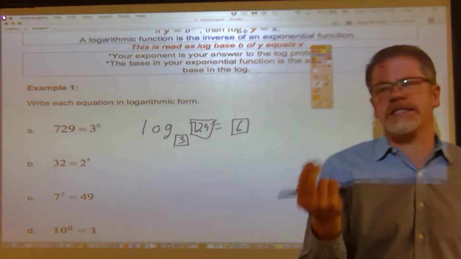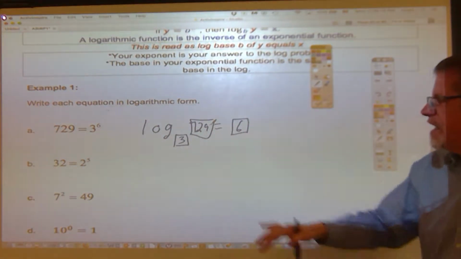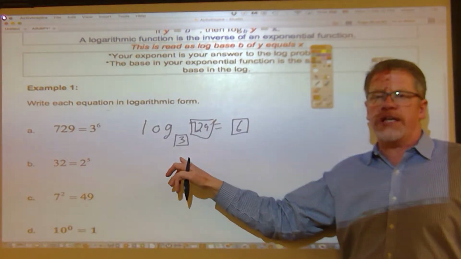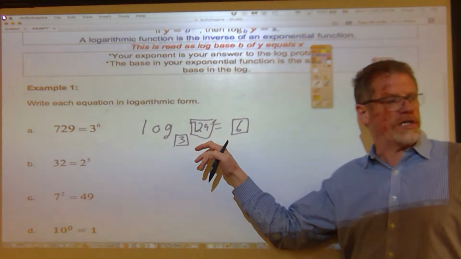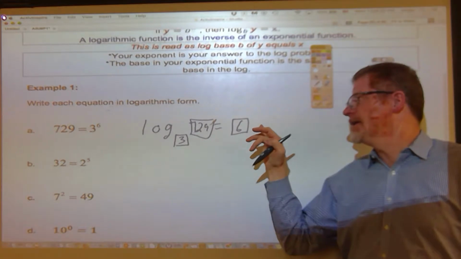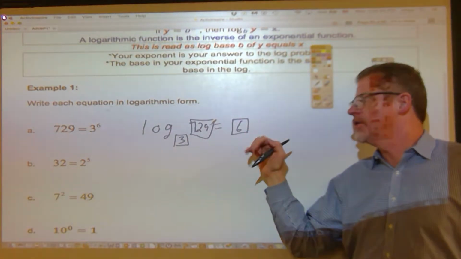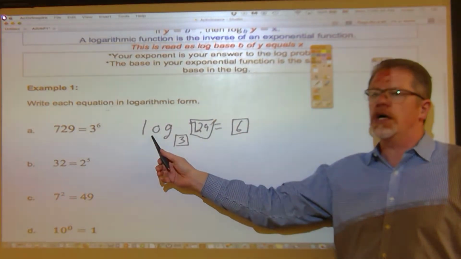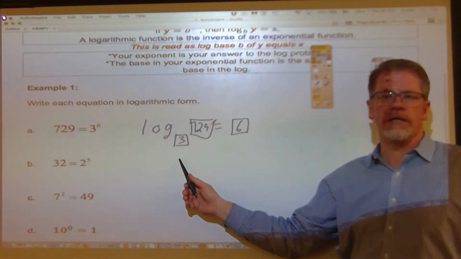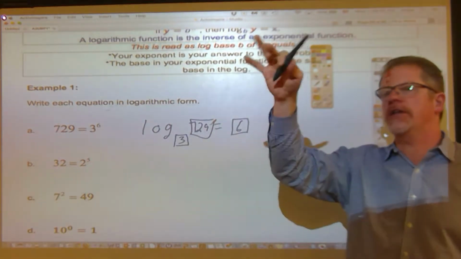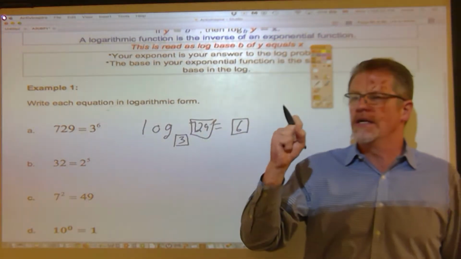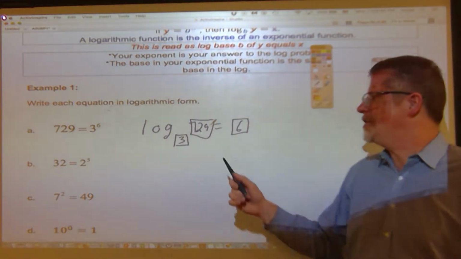That's a mouthful, but let's say it together. When I say go, I want you to say the log base 3 of 729 is 6. Ready? Go. I'd like you to commit, say this out loud and in unison.